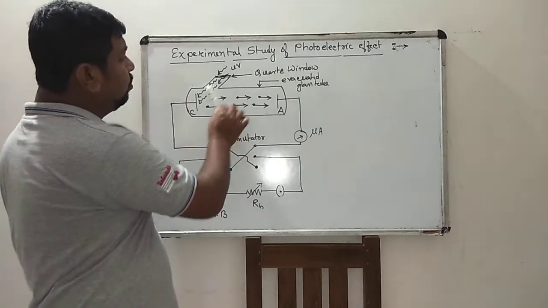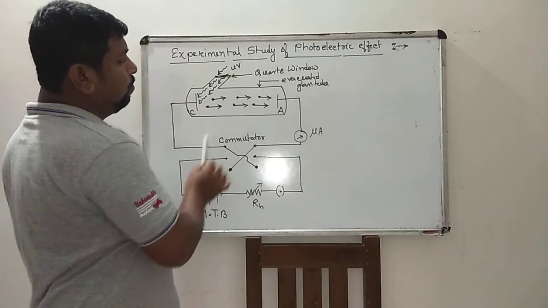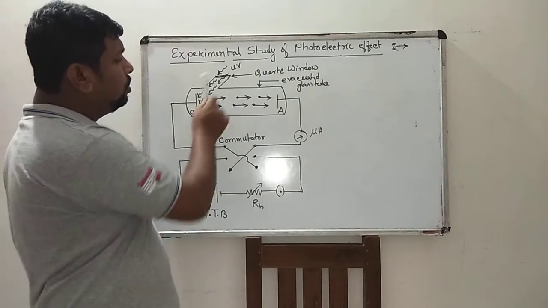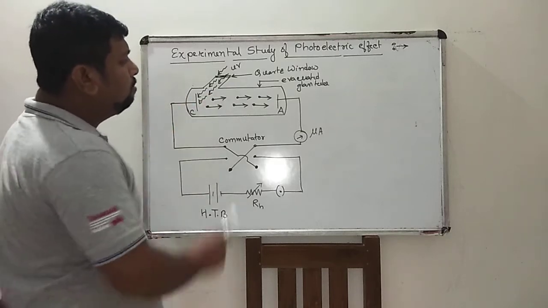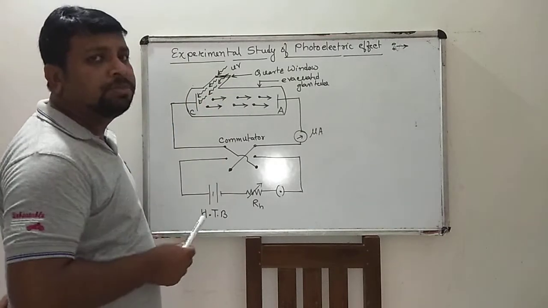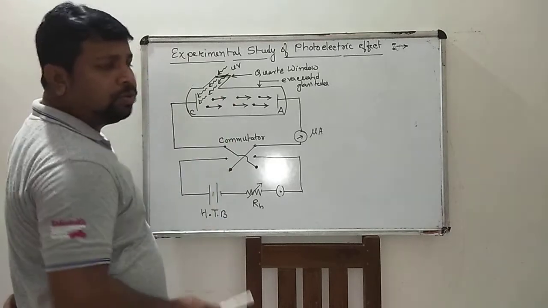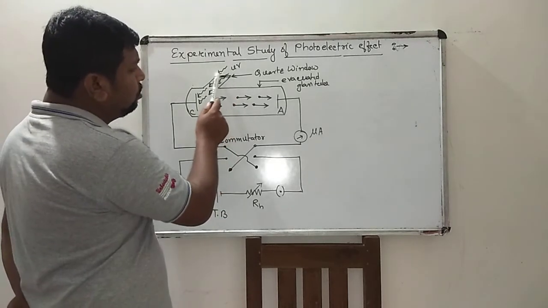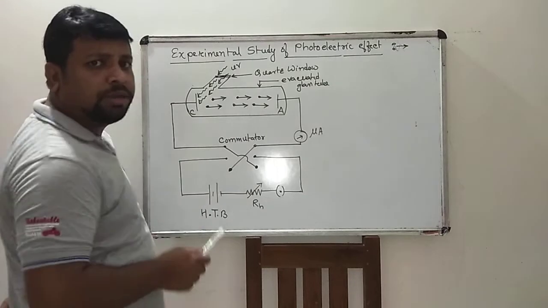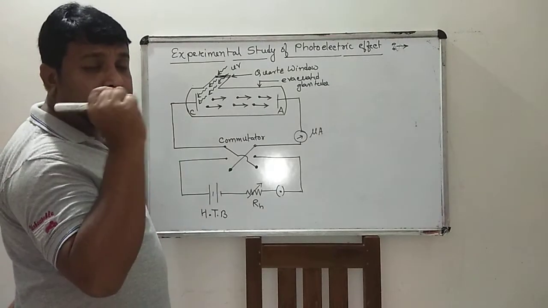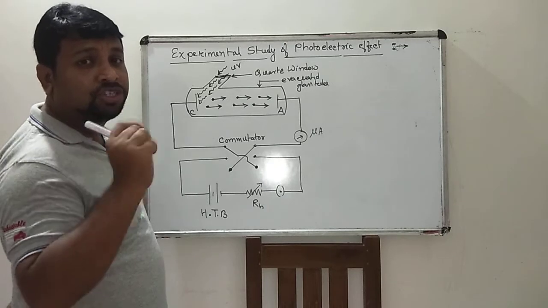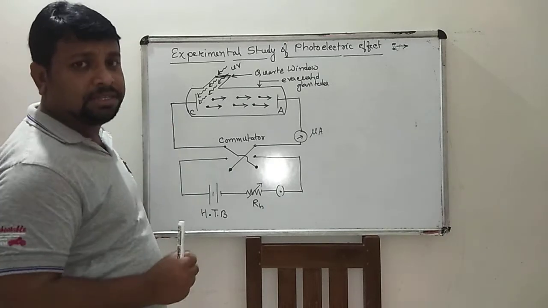So there is a window. This is a quartz window. Generally a glass window is also used. We can use a glass window if the light radiation is visible light, because visible light can easily pass through transparent glass.